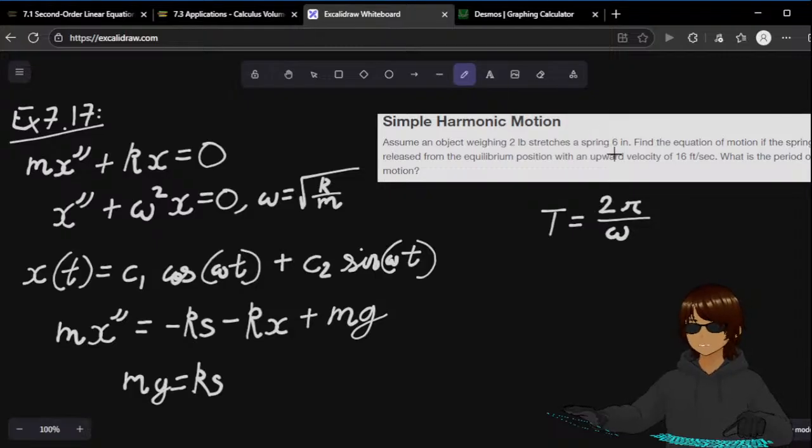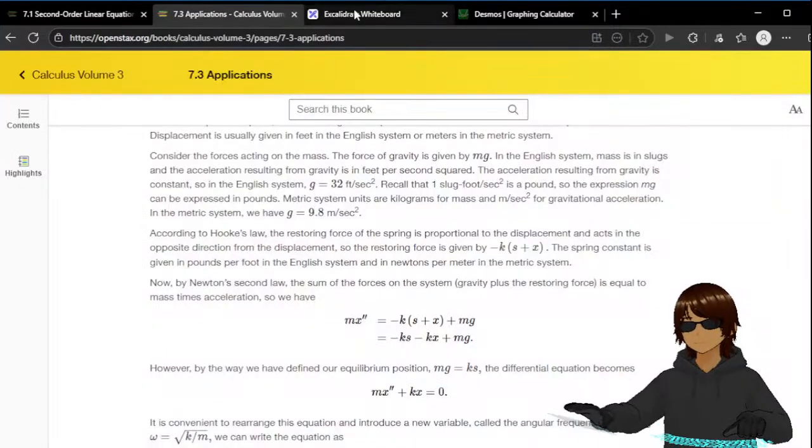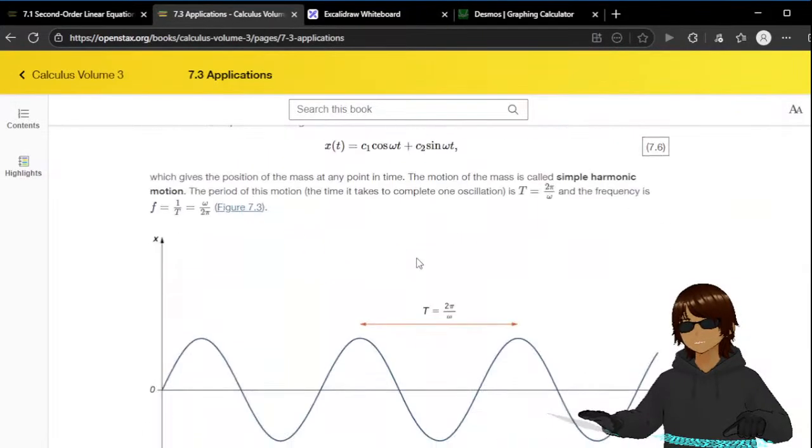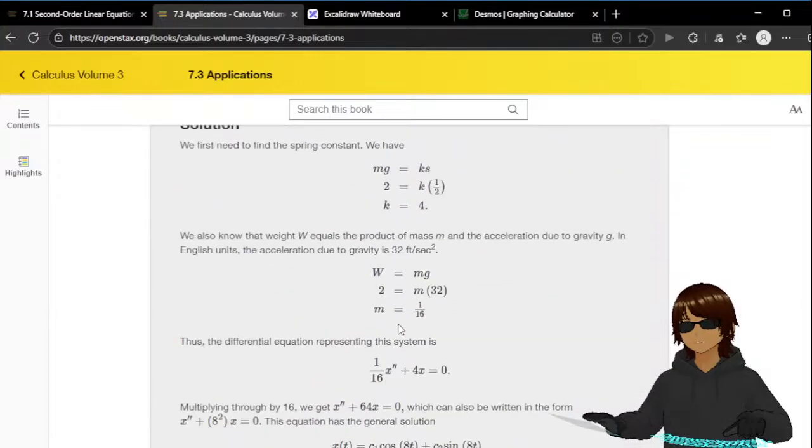This is half a foot. 2 times 32. I don't like thinking in this system. I want the metric system. 2 times 32 is 64.